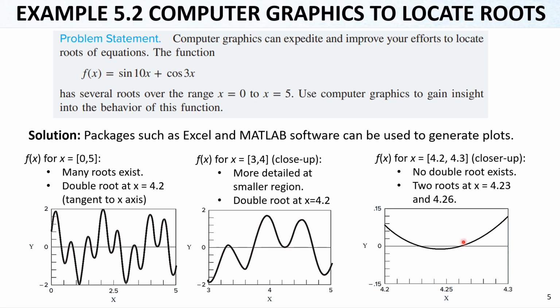And there are two roots, as you can see, which are about 0.23 and 0.26. And with this kind of closing up is possible with the software. We can simply get the plots and use them to predict the roots easily using the power of the computers.